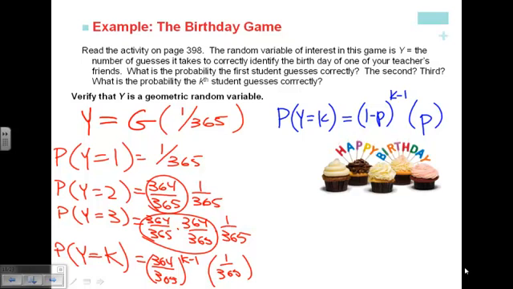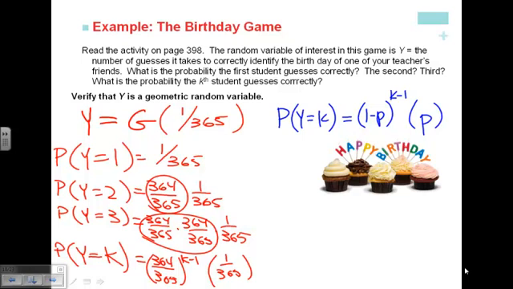Now, get your formula sheets out, please. There's an area where the formula for binomial stuff is. This is the one and only thing I'm going to allow you to write on your formula sheet. I'm going to let you add the geometric stuff. Find that area in your formula sheet where it has the binomial stuff. It's on page 4.